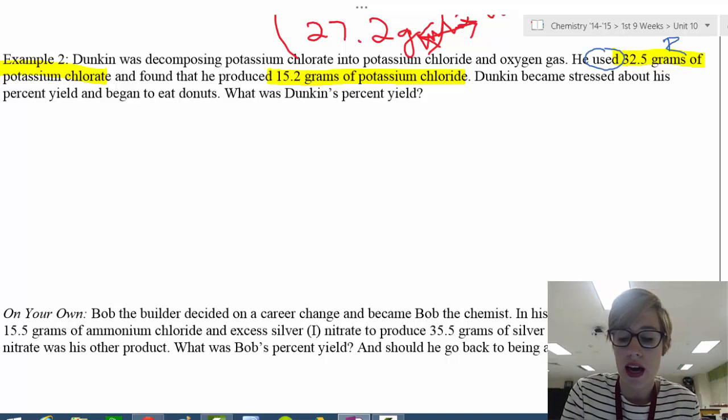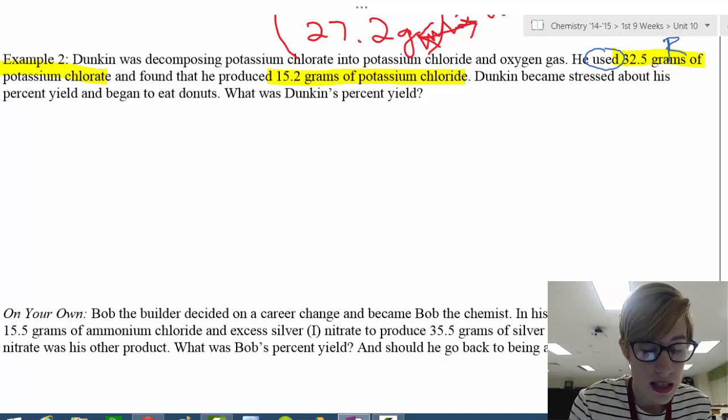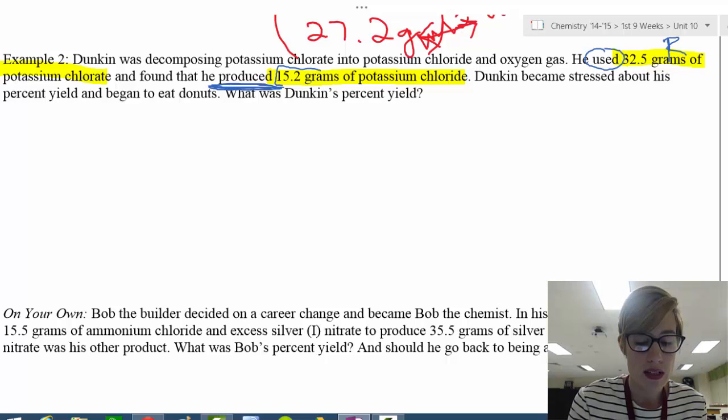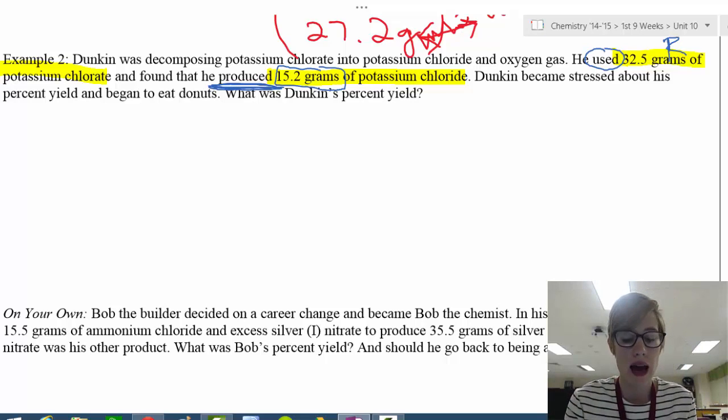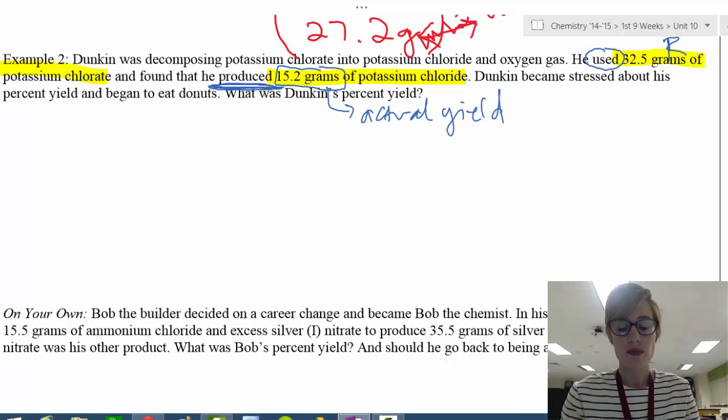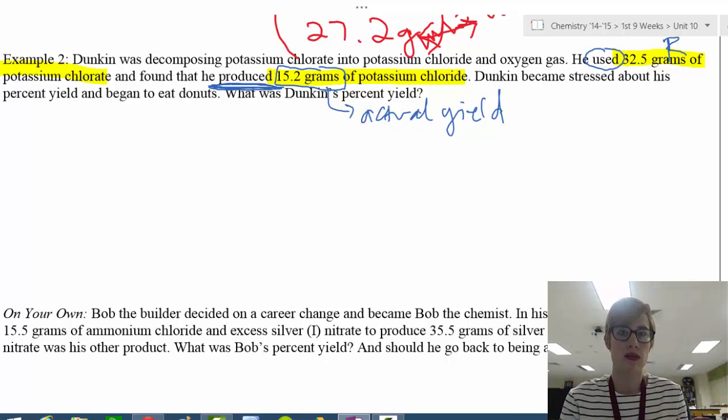We're given a reactant. Now let's look at the next term. He says he produced in the lab. So what does that mean this number represents? If he made this in the lab, this is his actual. If I'm not given theoretical, which I'm not, I'm given actual yield and I'm given grams of a reactant. If I'm not given theoretical yield, I have to follow the steps above.